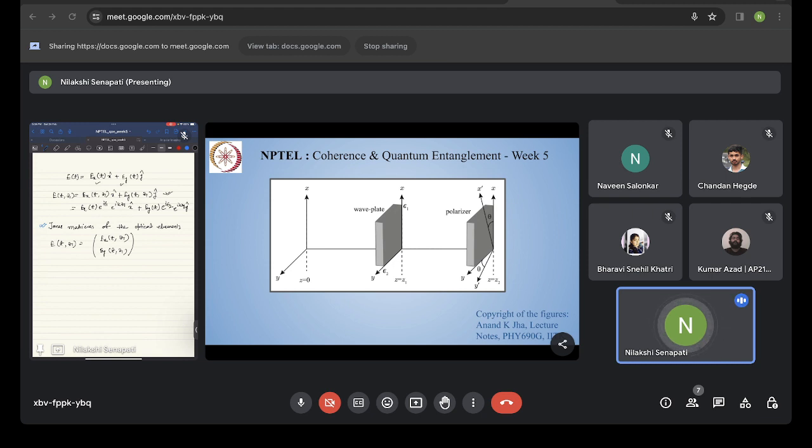So now we take the polarizer to be oriented along direction x dash, which is at an angle theta with respect to the x direction. For that, we can write x equal to cos theta x dash minus sin theta y dash, and y equal to sin theta x dash plus cos theta y dash.